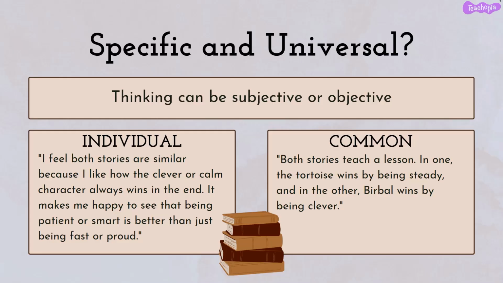Both are mentioned here for you by saying that individuals might come up with the cleverness and the calmness shared by the characters between the stories and how the smart win not only the fast. But common answers might be that they're both clever and we have lessons to learn without getting into much details, which is absolutely fine.